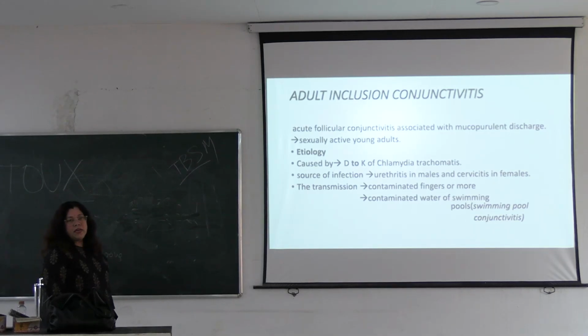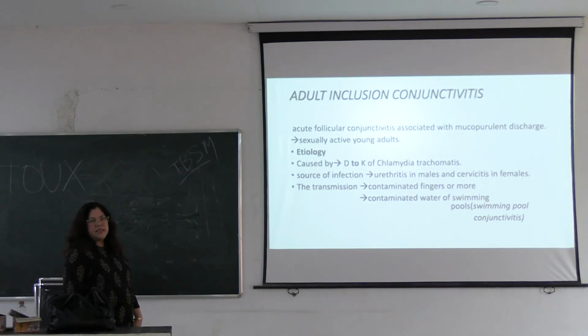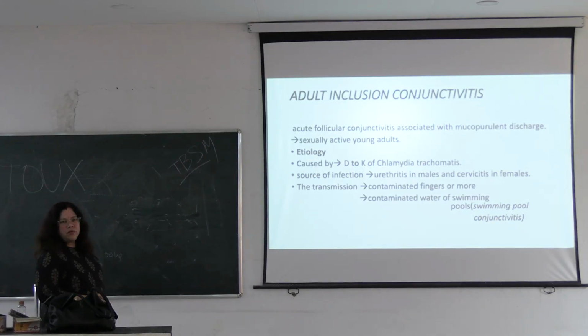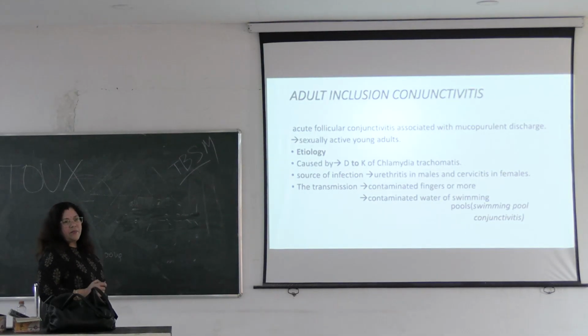Then adult inclusion conjunctivitis. This is another form of chlamydial infection caused by serotypes D to K. Trachoma is caused by Chlamydia trachomatis.